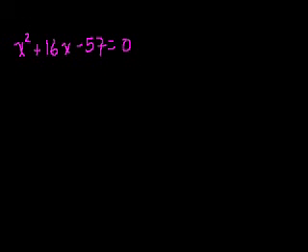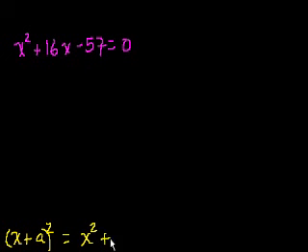Before we move into this video, let's see what happens if I square an expression. What is x plus a squared? Well, that equals x squared plus 2ax plus a squared, right?